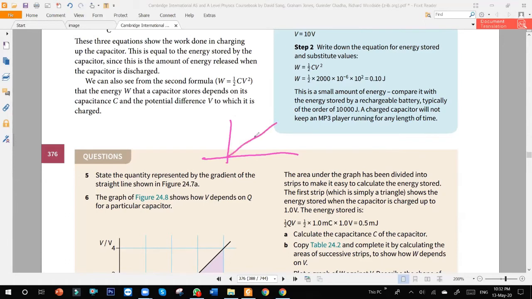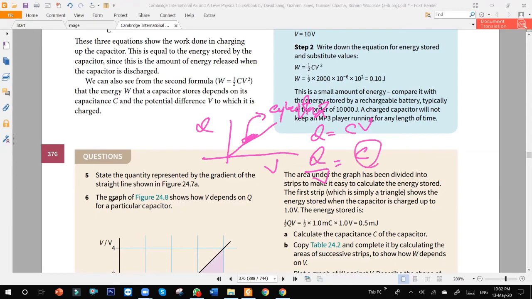So if you take the tangent line, that will be the capacitance. Like Q is equal to CV, so tangent Q divided by V will be equal to C. In the graph of the figure here you will have Q, and this will be V. So the tangent will be Q divided by V, and that is capacitance.